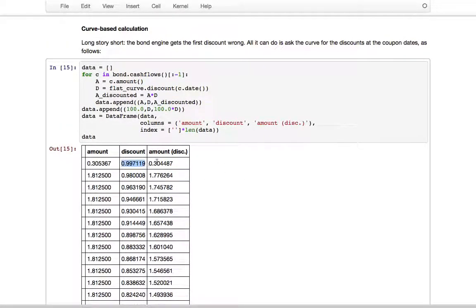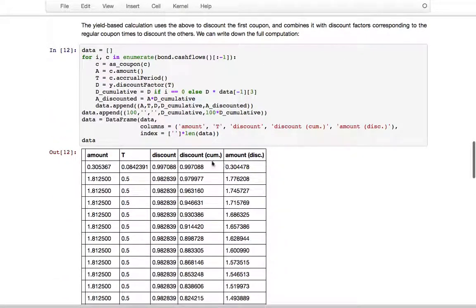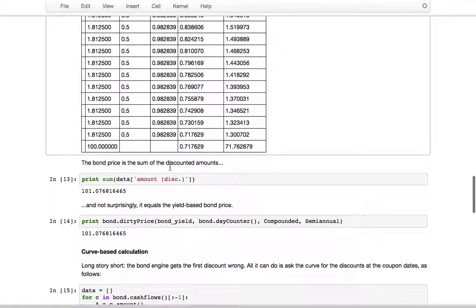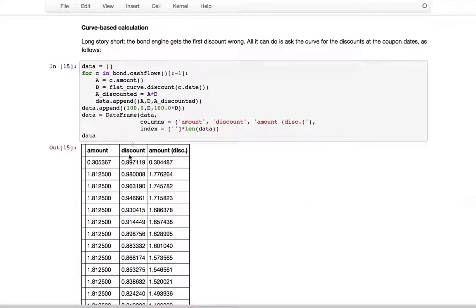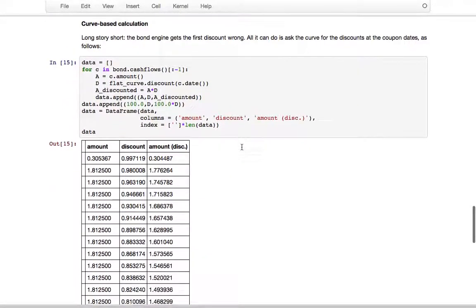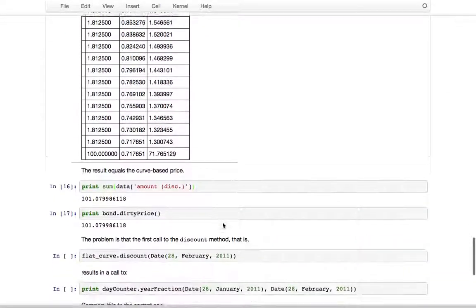It's 0.9971 against 0.99708, and this is 7119, and the discounted amount is correspondingly a bit different.